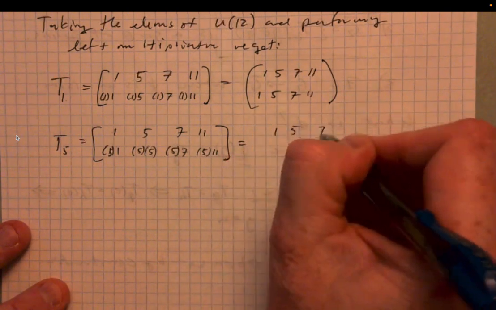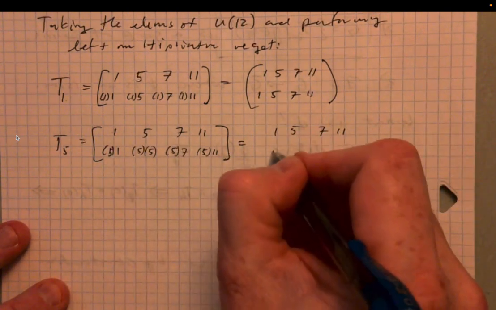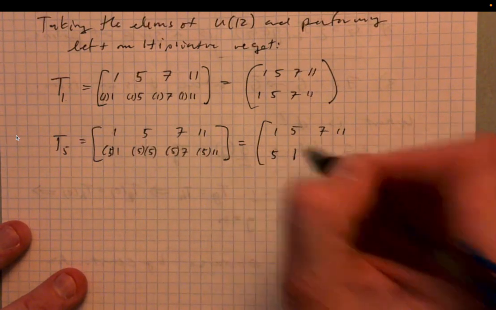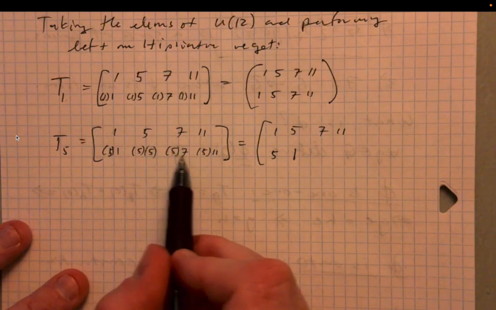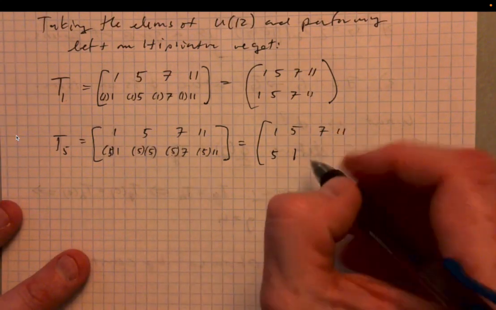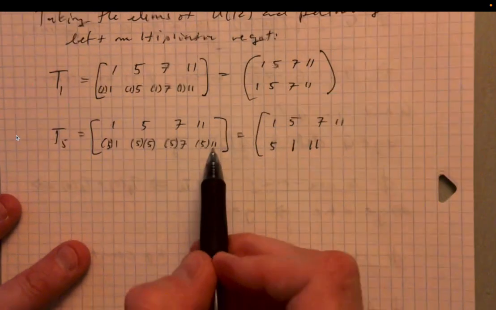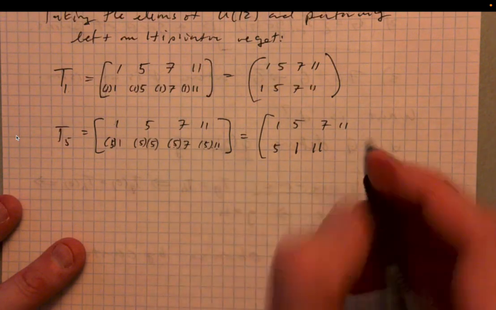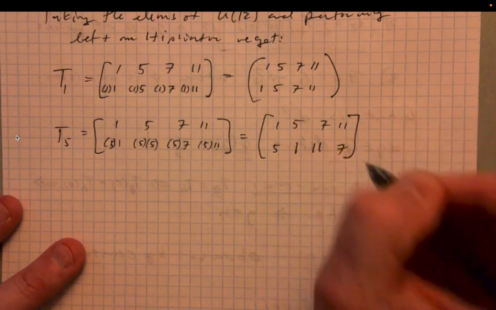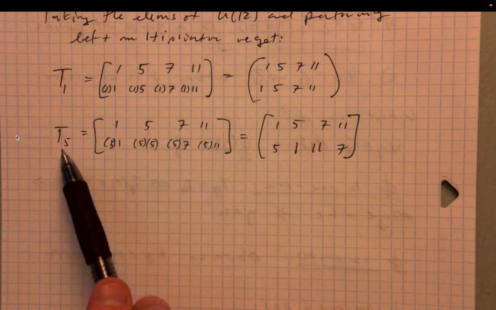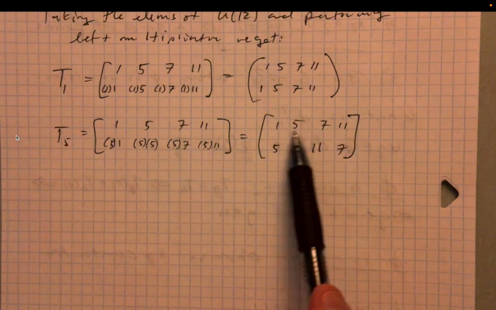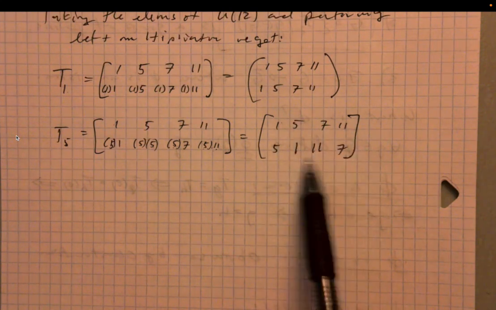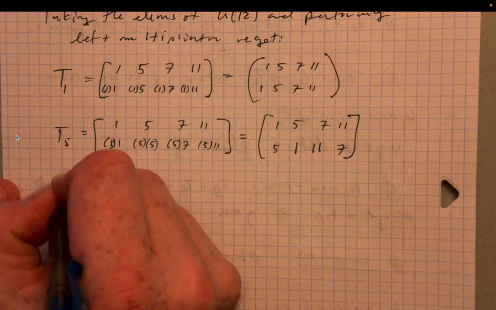That maps onto 5 times 1 is 5, 5 times 5 is 25, mod 12 is 1, 5 times 7 is 35, mod 12 it's 11, and 5 times 11 is 55, and 55 mod 12 is 7. So T5 permutes these. You get these crosses: 5 and 1 switch places, and 7 and 11 switch places. What about T7?